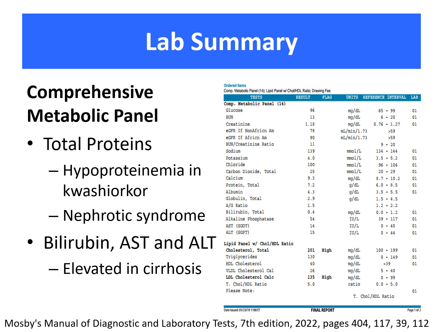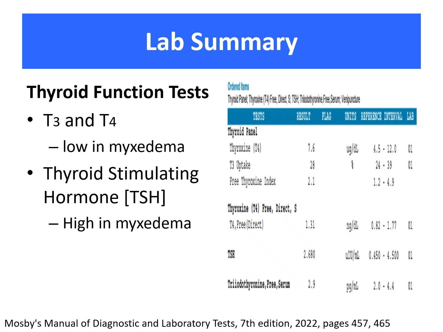If you thought myxedema, hypothyroidism in an adult, was the cause of the puffy eyelids, puffy hands, puffy ankles, then the thyroid functions in myxedema will show a decrease in both your T3 and your T4, and concomitantly, because of the negative feedback loop between the thyroid gland and the pituitary gland, your thyroid stimulating hormone, TSH, would be high.